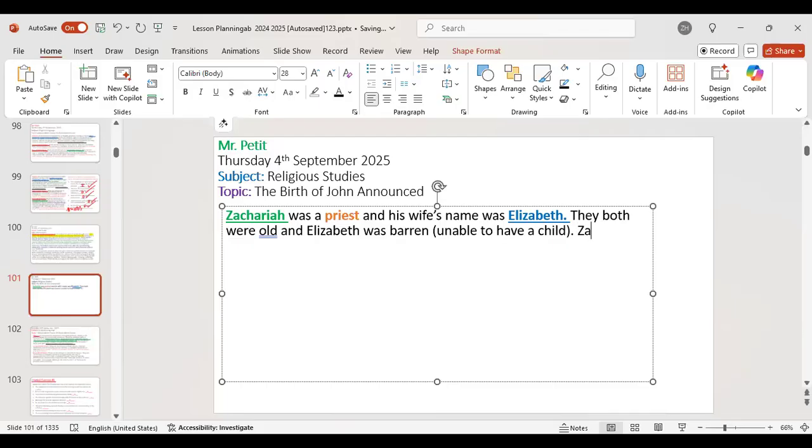So Zachariah was in the temple, burning incense. So he is doing his sacred duties, right? When who came? The angel Gabriel, right?